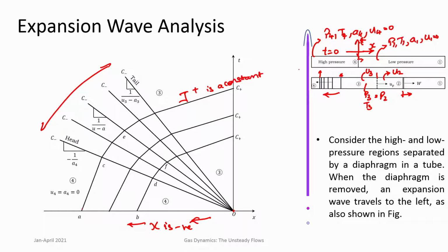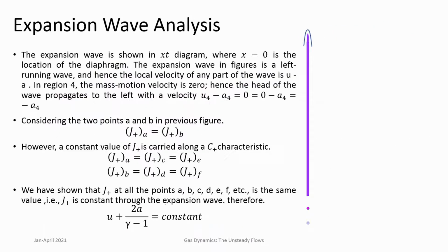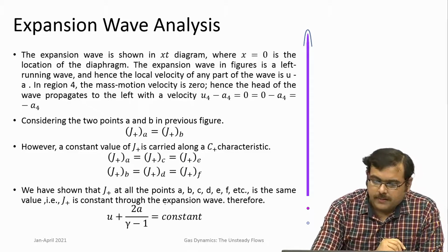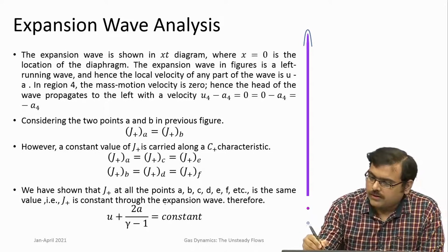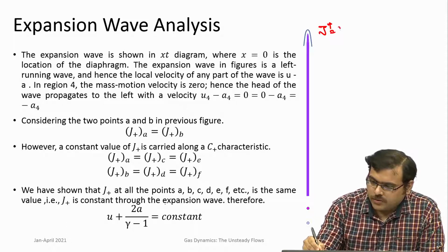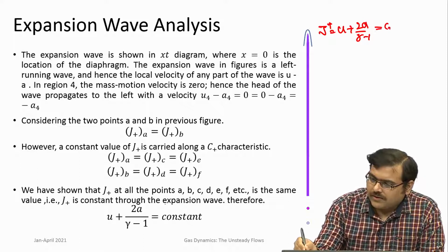So we use this approach: J plus is constant, so J plus A equals J plus B. It is carried along a particular C plus, where J plus is u plus 2a by gamma minus 1, and this is constant.